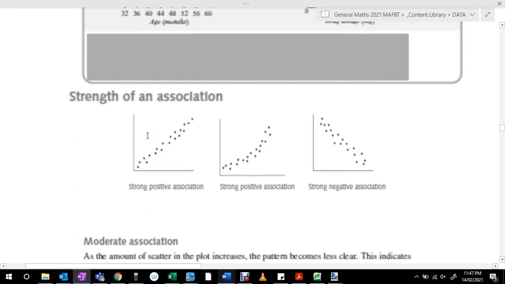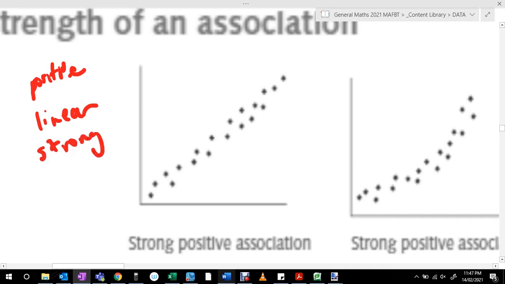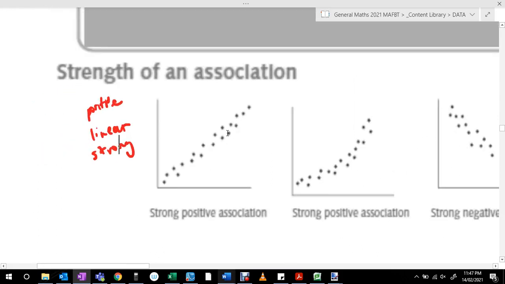So just by looking at it by eye, for example, I can see that this graph here would be considered as positive. Okay, it's also linear. Looking at this graph, by the way, and it's strong. Okay, and I can tell that these traits are true based on what I can see here. Okay, based on just looking at it by eye.